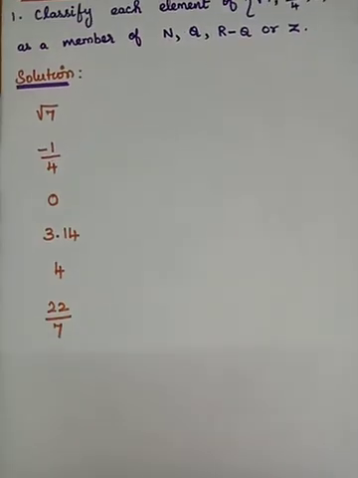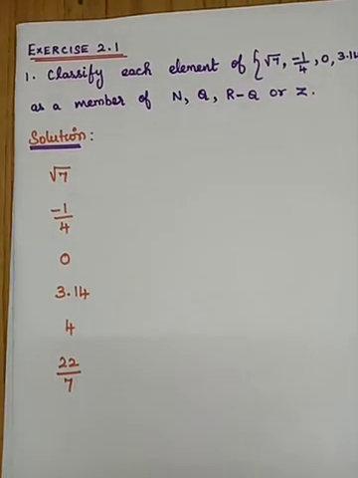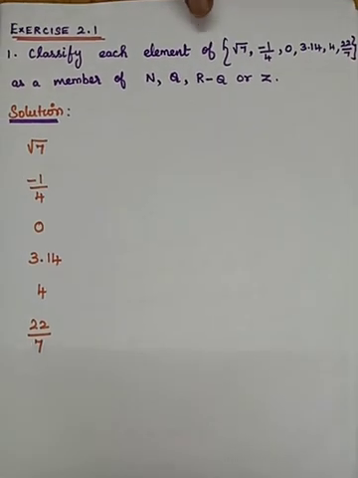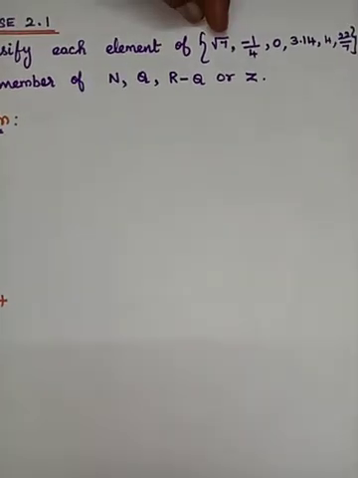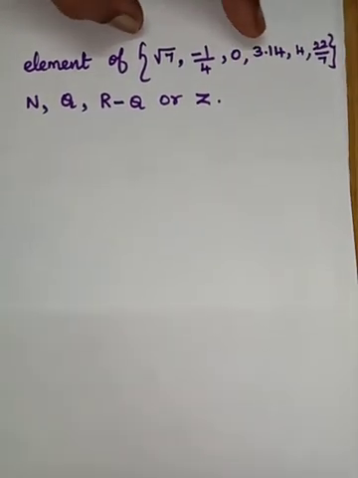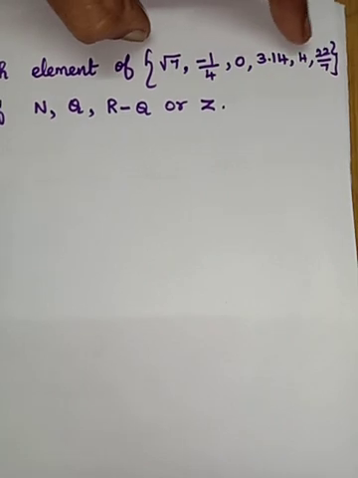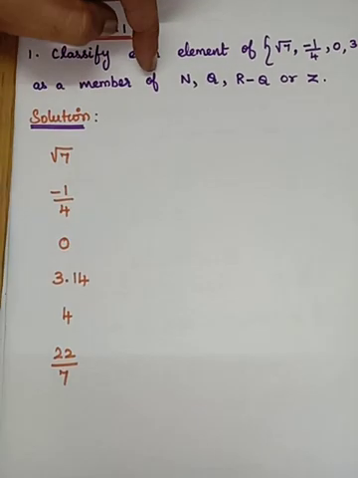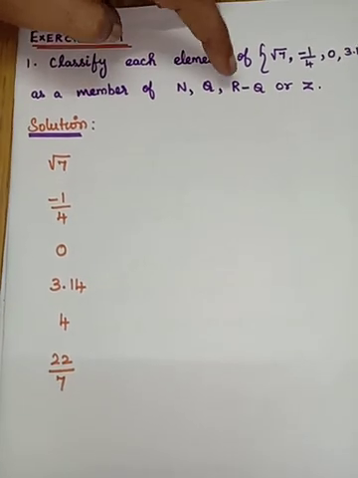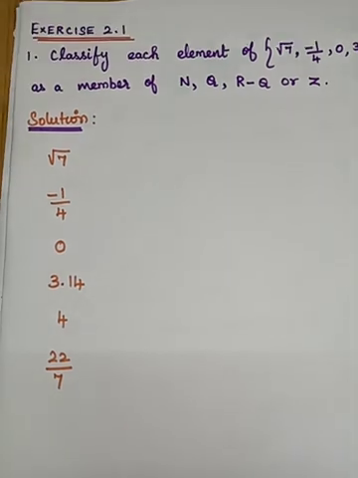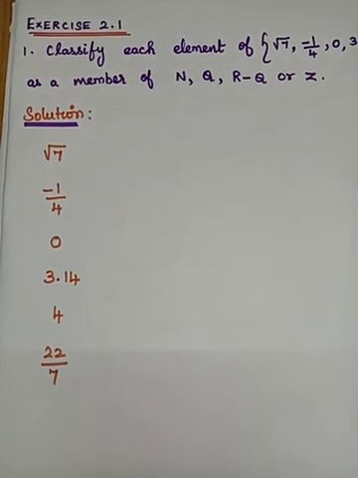Now we are going to see exercise 2.1. First question, classify each element of the set root 7, minus 1 by 4, 0, 3.14, 4, 22 by 7 as a member of N, Q, R minus Q or Z. So N means the natural number set.